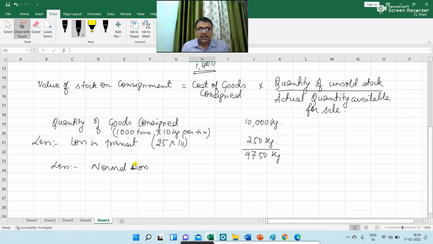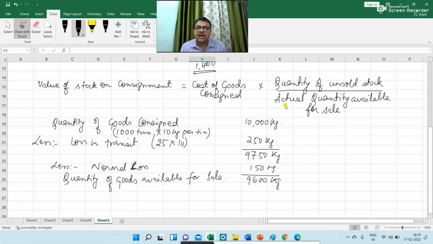Normal loss is 150 kg. So 9,600 kg is available for sale. So this is the quantity of goods available for sale. So one parameter I have found out.